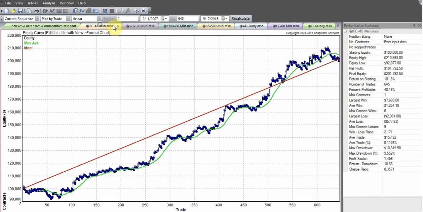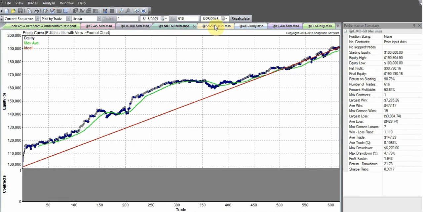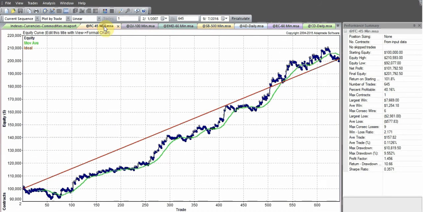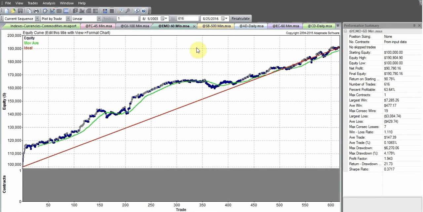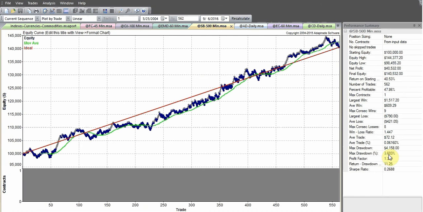So here we see the same strategies that you saw before in TradeStation. And once again, for feeder cattle, you see max drawdown percent almost 10%. OJ more than 5%, EMD 4%, sugar almost 4%.